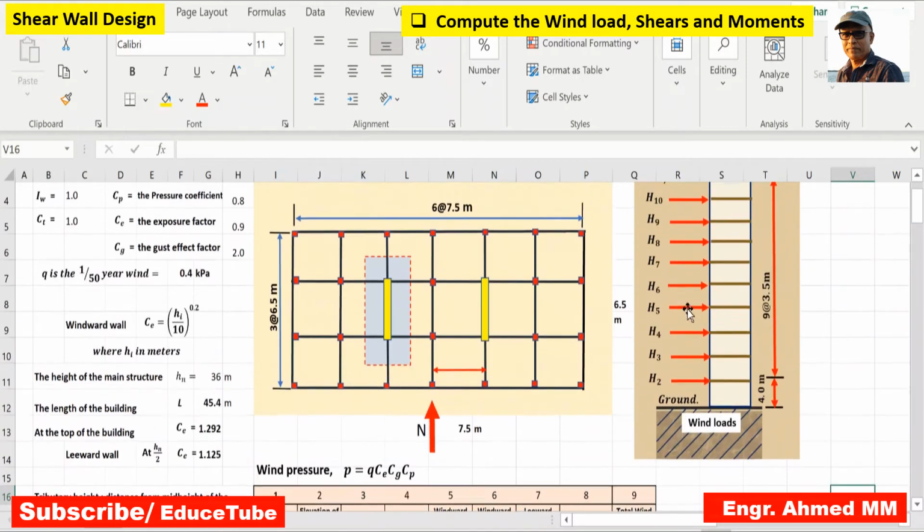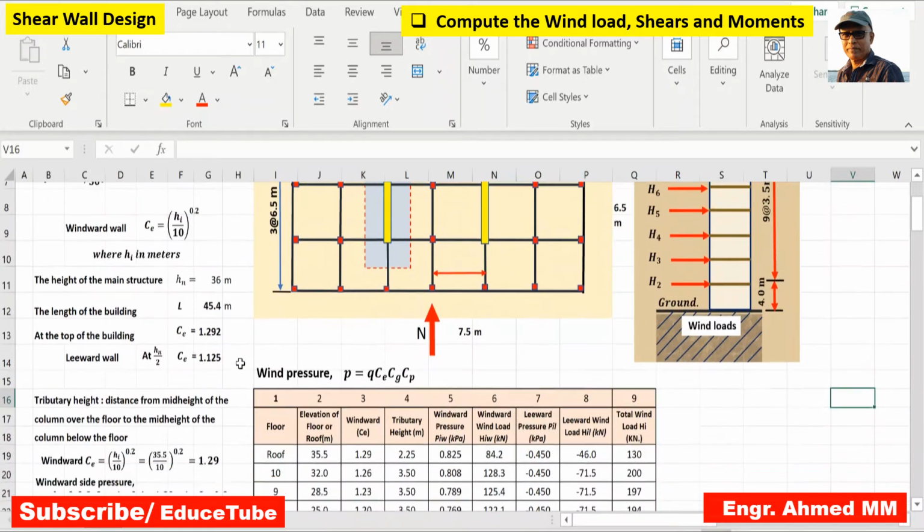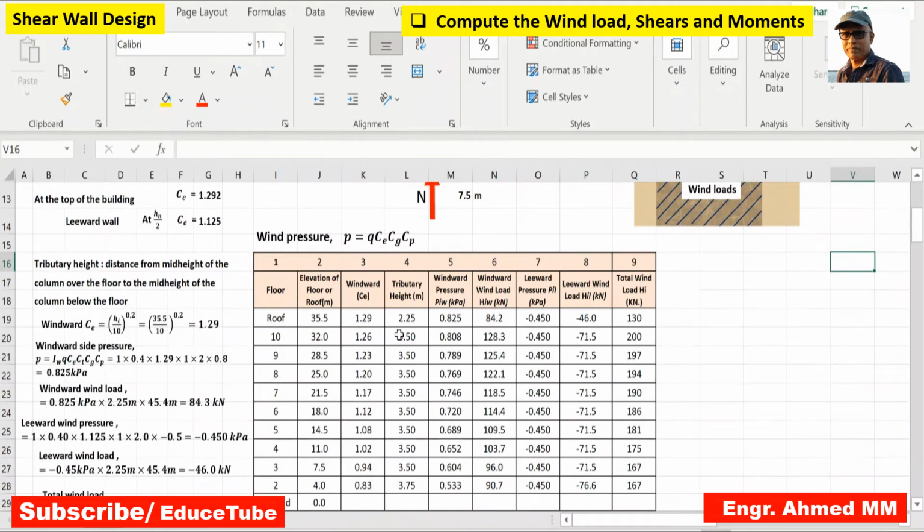For example, if I take the 6th floor, then the tributary height will be from the lower floor midpoint to the upper floor midpoint, so it will be 3.5. That is why I have written 3.5 everywhere. Only the roof will be different because there is a parapet over the roof.